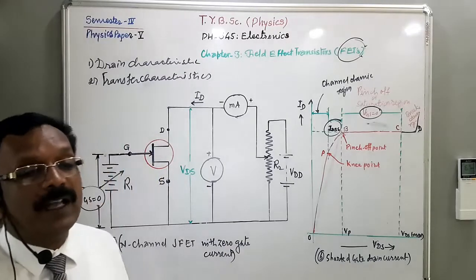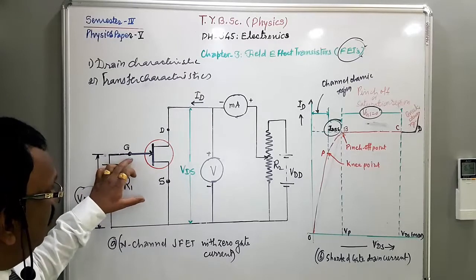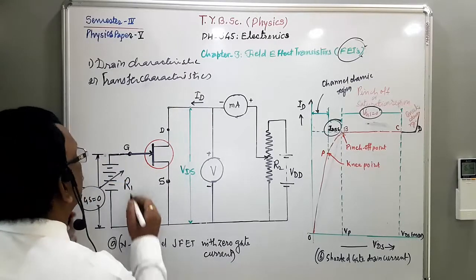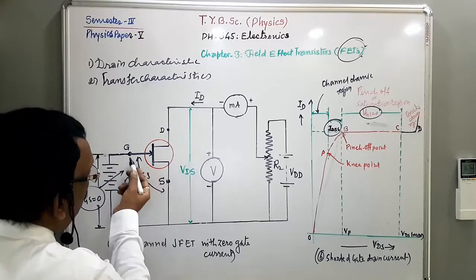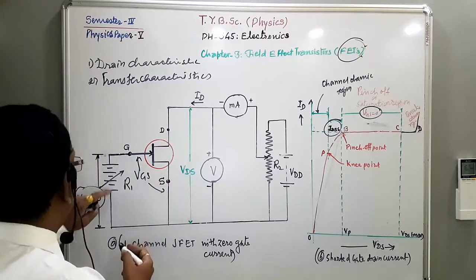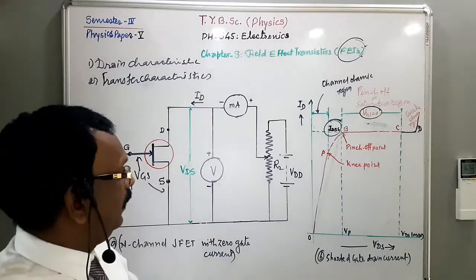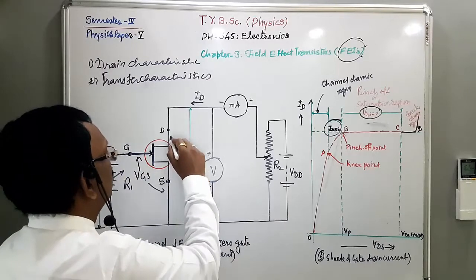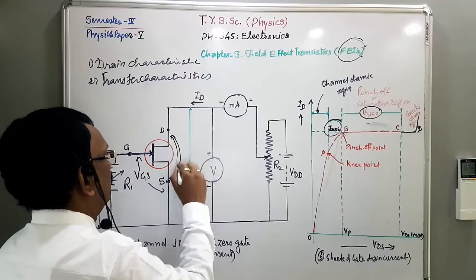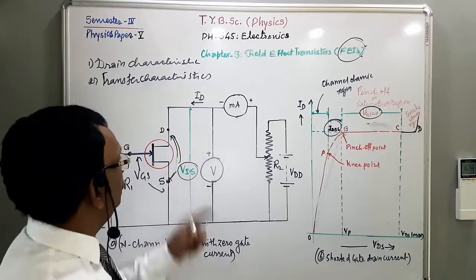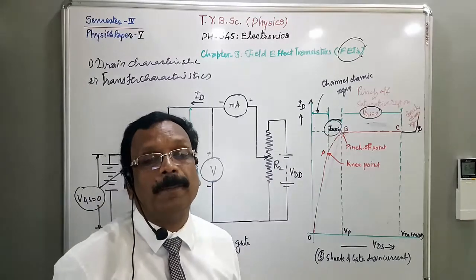Here, the potentiometers R1 and R2 are used to vary the voltage VGS, that is this voltage. In order to vary the voltage between gate and source, that is VGS, we are going to use potentiometer 1. And in order to vary this VDS, voltage between drain and source, this second potentiometer is used.